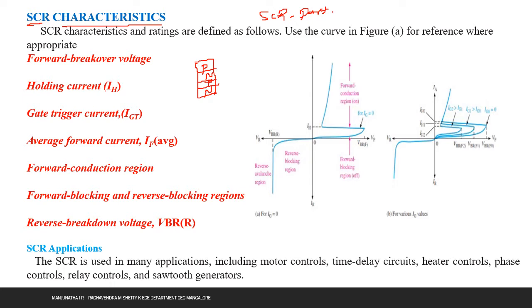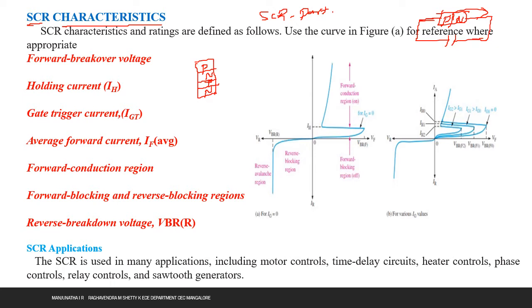For example, in the diode we have a PN junction, with only two layers. If I want to make this diode conduct, or forward biased, I want to break down this region. We are able to break down this region only when we give some external voltage source.